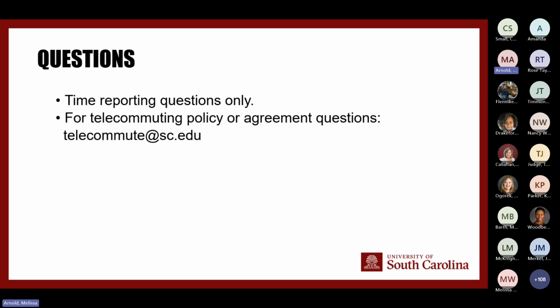And so we'll be looking at it like that. And then state HR, like I said, if they suspect abuse, if they suspect fraud, or they do an audit and find us out of compliance, they have the authority to revoke telecommuting for the entire university. So we just need to make sure that we are in compliance.